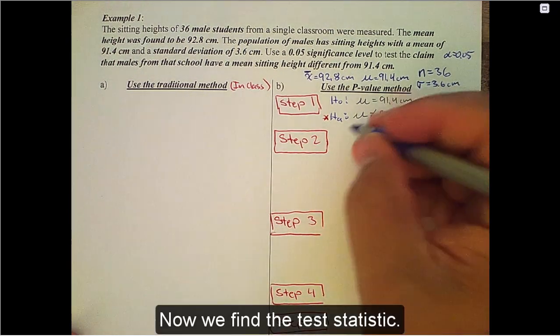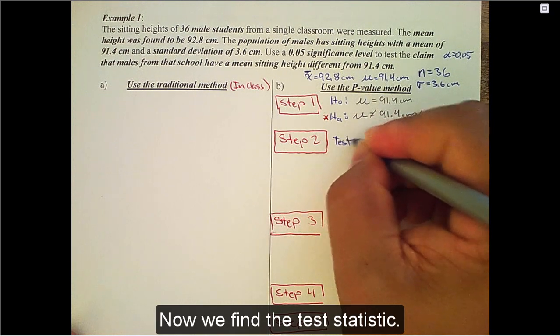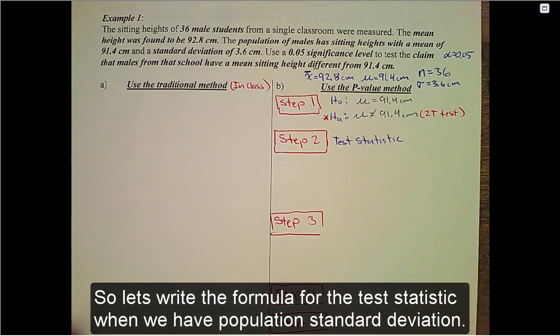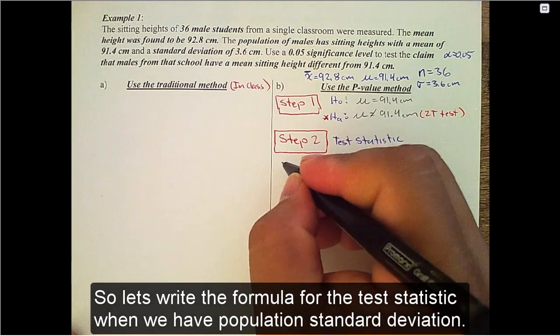Now we find the test statistic. So let's write the formula for the test statistic when we have the population standard deviation.